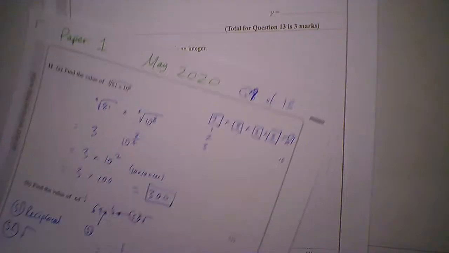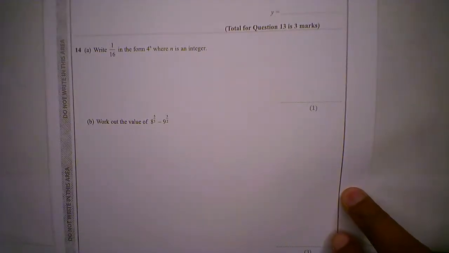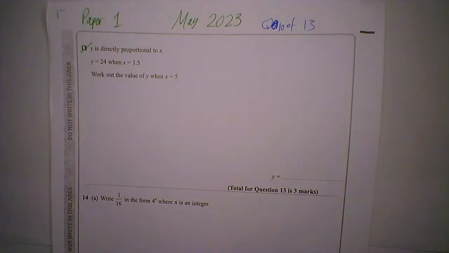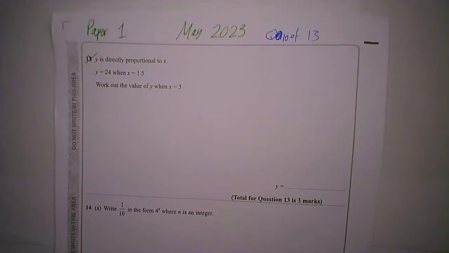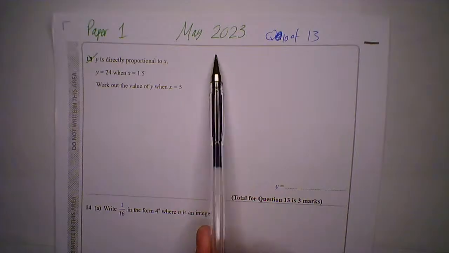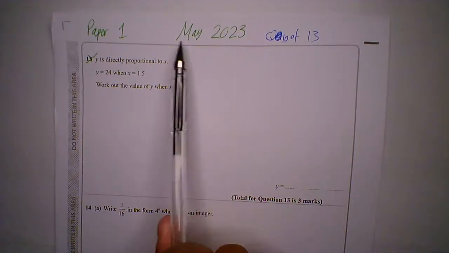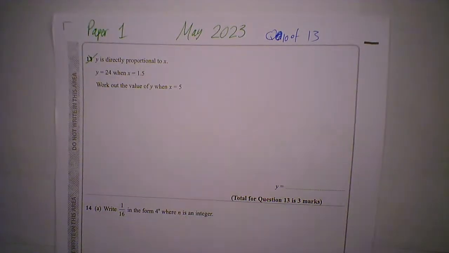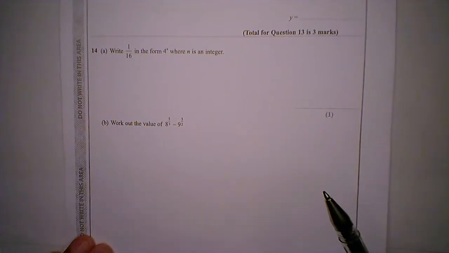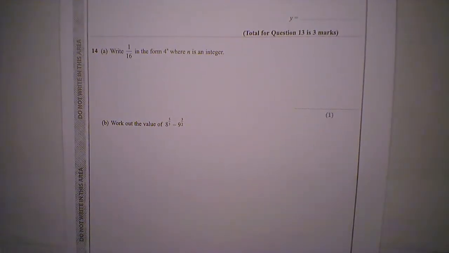Okay, let's move on to the next question. Question 10 of 13. So we've got a few more left. This is from May 2023, paper 1. We're going to ignore this question. Hopefully you're getting familiar with this and you've started to master this.